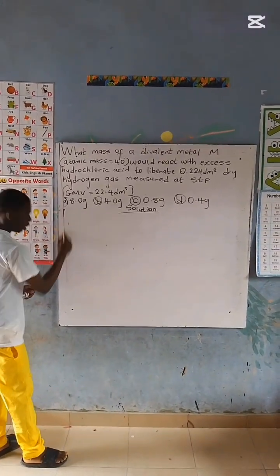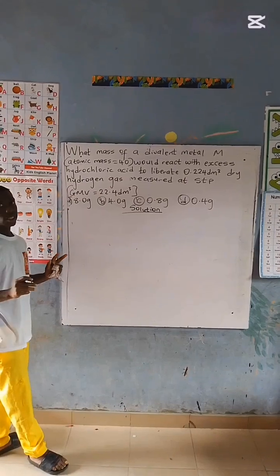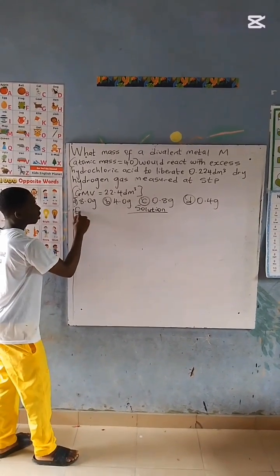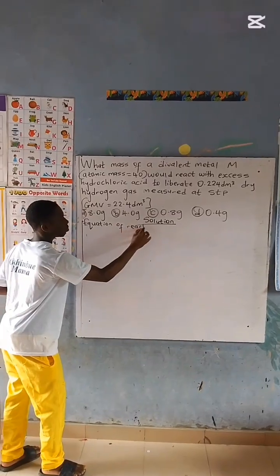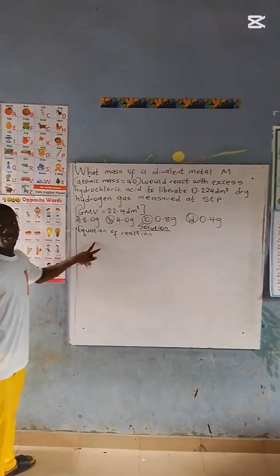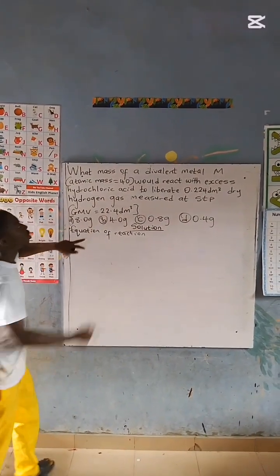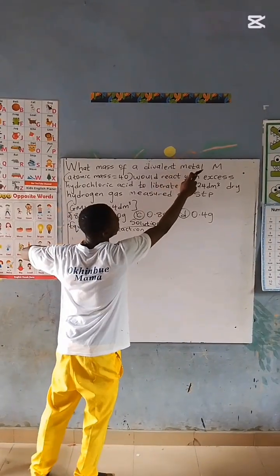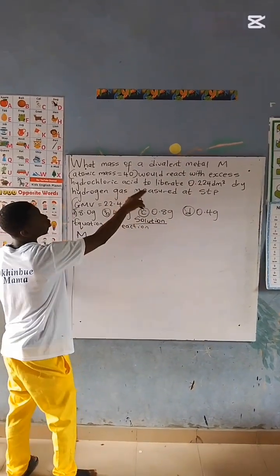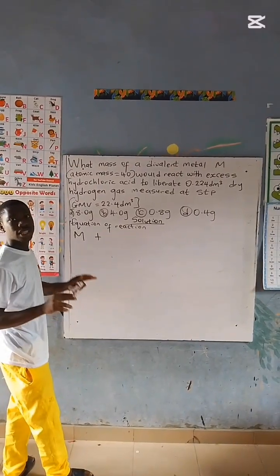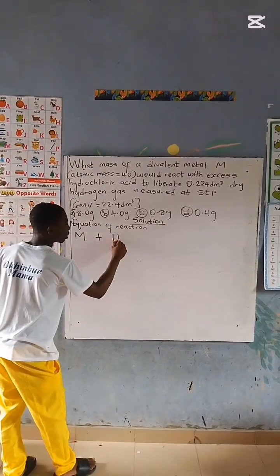Now let's go. In stoichiometry questions like this, the best approach to take is writing out the equation of the reaction. Now we're going to write down the reactants. They are always in the question. It says what mass of a divalent metal M would react with excess hydrochloric acid.